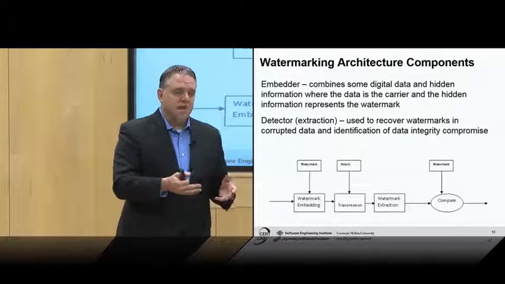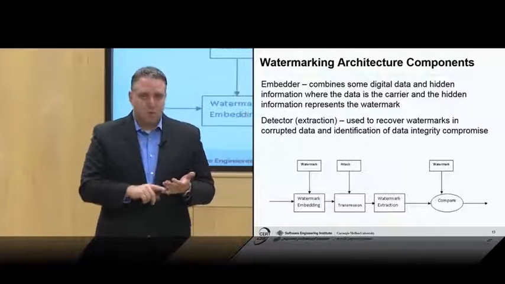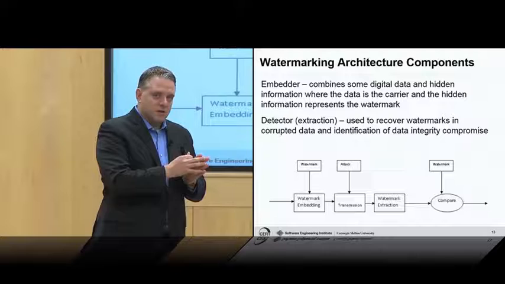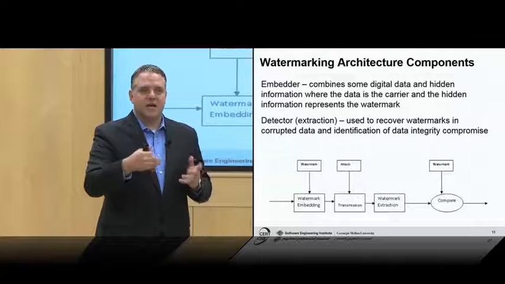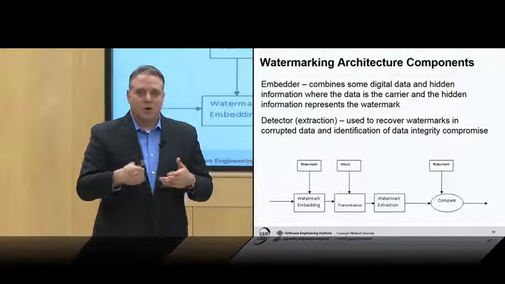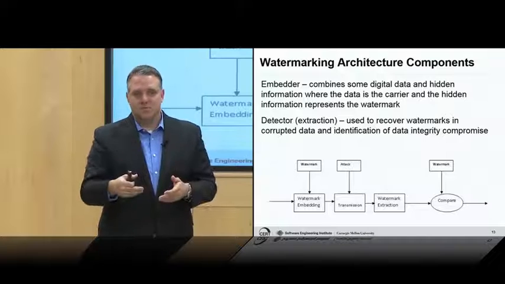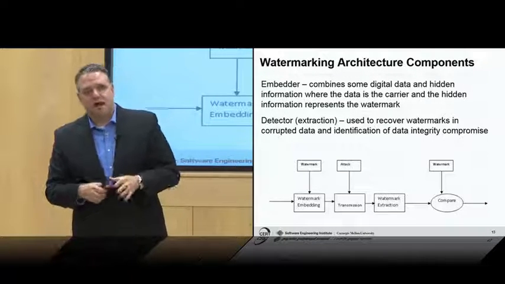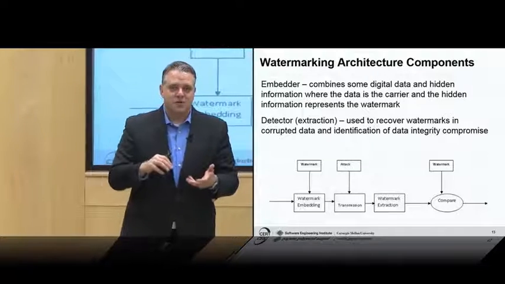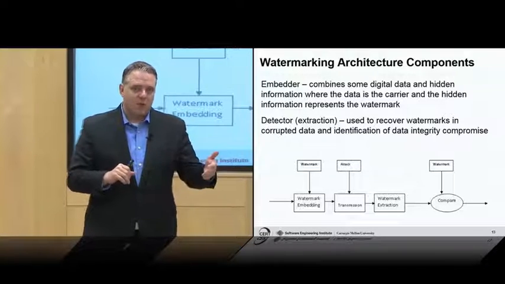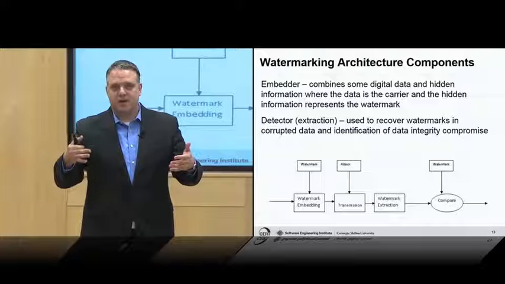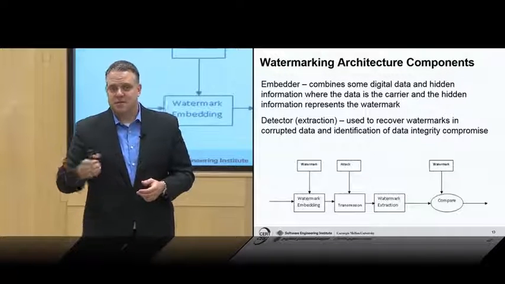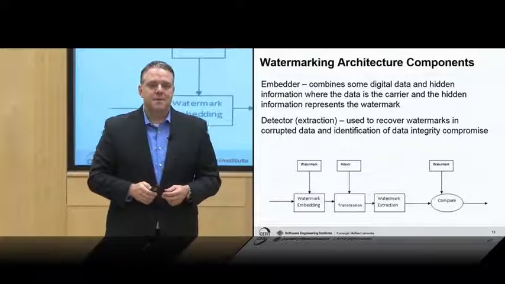And then you've got some type of detector, again program, hardware, whatever the case may be, to look at those carrier files and determine whether the watermark exists, whether the watermark's been corrupted, and therefore the file's been corrupted. But generally, you'll have an embedder and a detector working together to add watermarks to files and determine whether they've been removed, altered, or just detect the presence of them on a network.